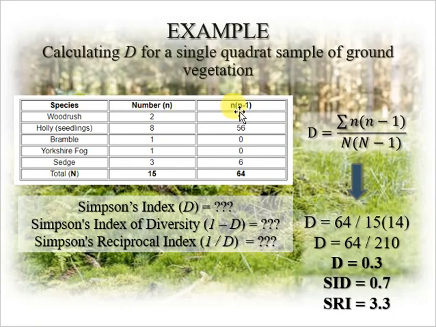So the sum of little n times little n minus 1, or the number of individuals times the number of individuals minus 1, is 64, right? We're going to then divide that by the total number of individuals times the total number of individuals minus 1. Our total number of individuals in this entire quadrat sample is 15, right?